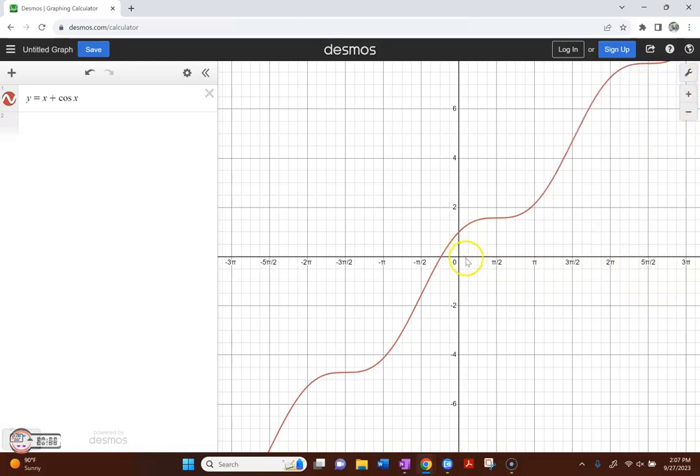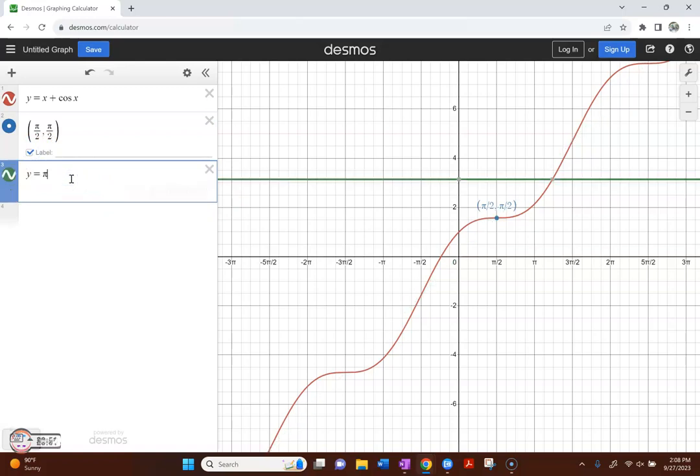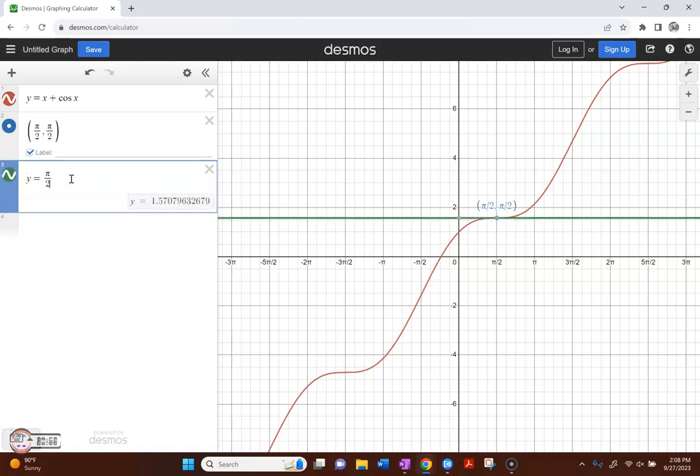So we're only looking from 0 up to 2 pi. And I'm going to put that point in, pi halves, comma pi halves, and let's label that. That's where it happens. And we said the equation of that is y equals pi halves. That's that green horizontal tangent line. I'll give you a nice little look at that for that problem. That's the point at which it has a horizontal tangent, and we actually wrote the equation of the horizontal tangent.